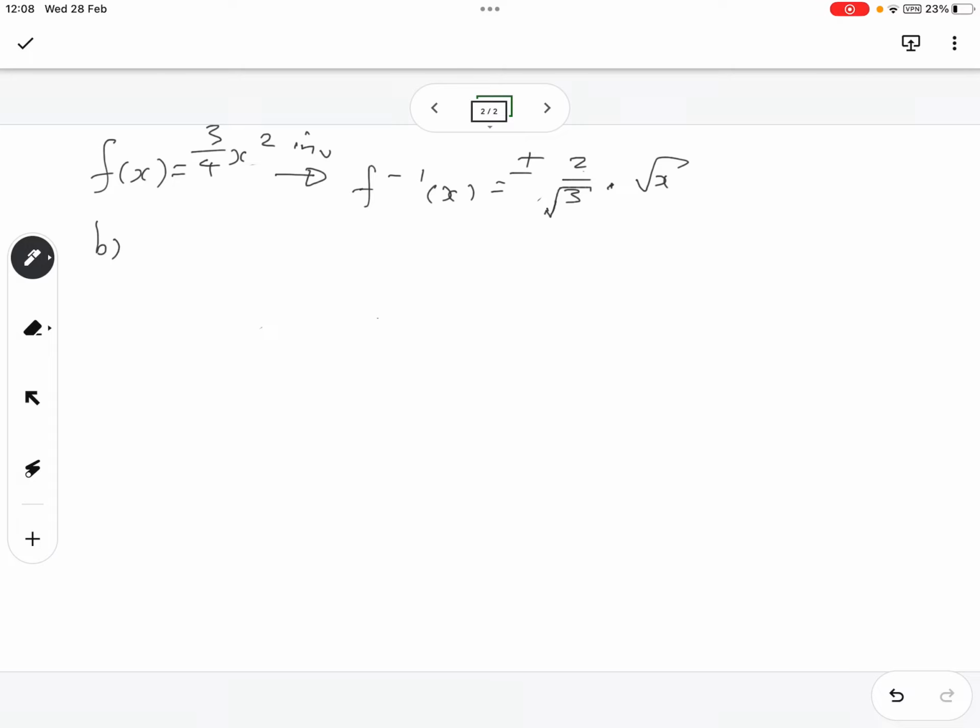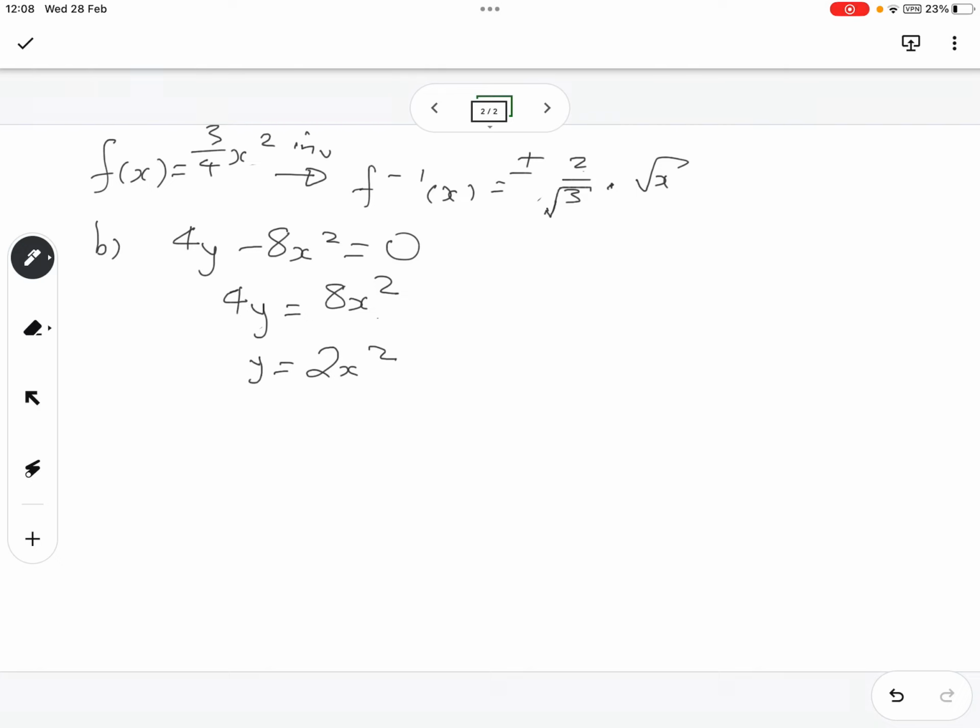For b, we've got 4y minus 8x squared equals 0. We can make y the subject of the formula. So we have 4y equals 8x squared, and y is 2x squared.